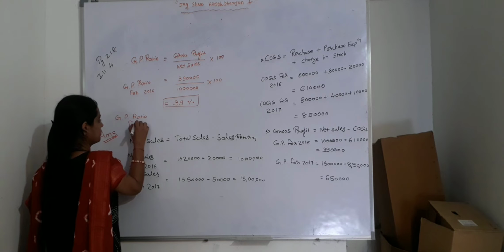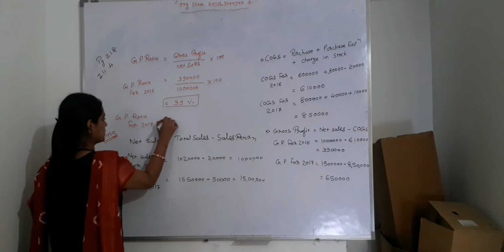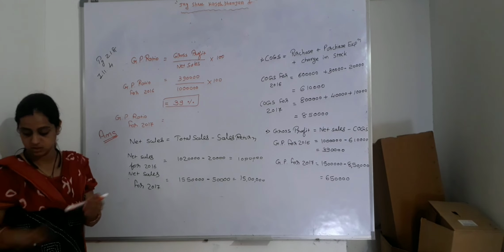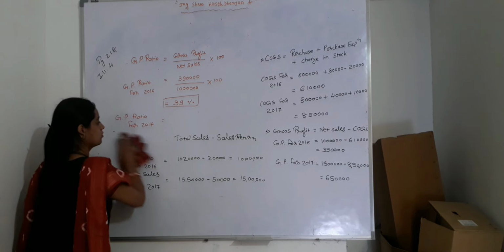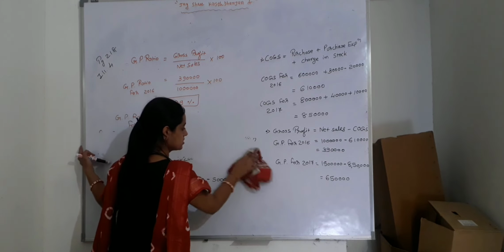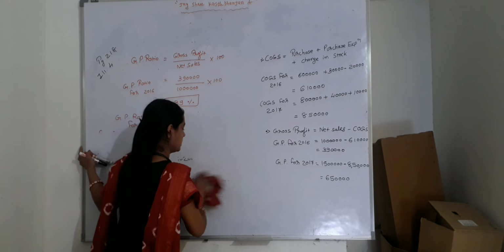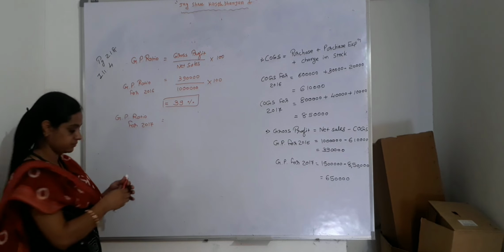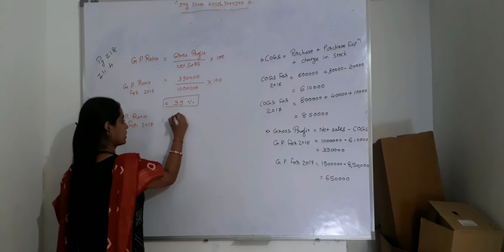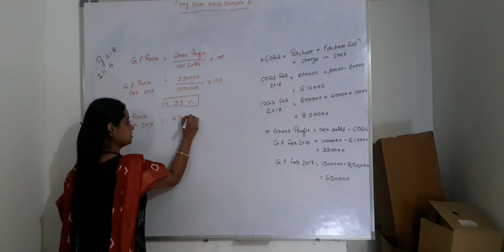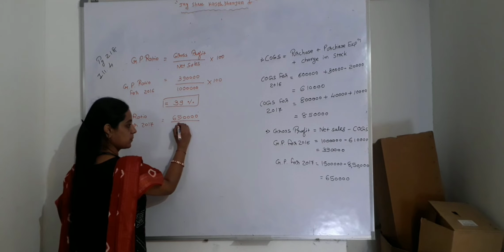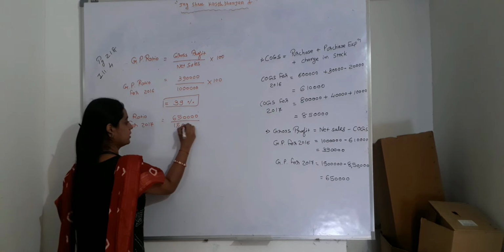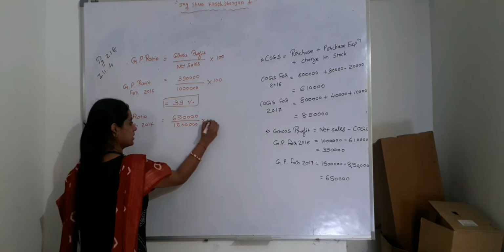Now GP ratio for 2017. Gross profit for 17 is 6,50,000 and net sales is 15 lakh. 6,50,000 upon 15 lakh into 100.